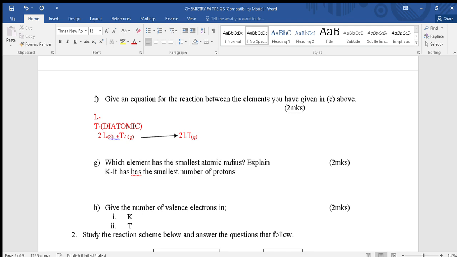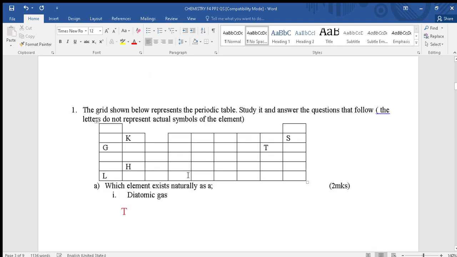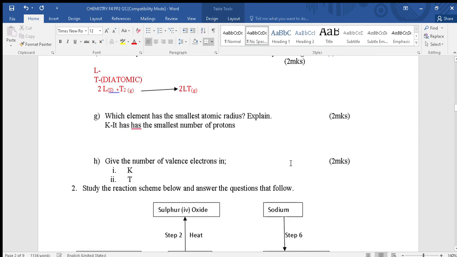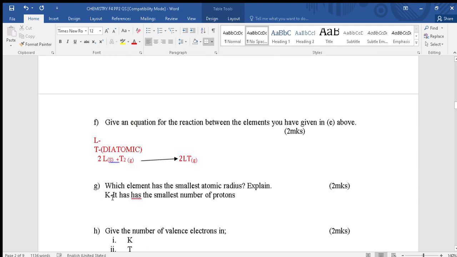Remember, the protons are the ones that increase the nuclear force of attraction. Actually, this question is asking which element has the smallest atomic radius. The smallest atomic radius goes with an increase in number of protons. That will be element S, not element K. That is element S. And there's a reason.